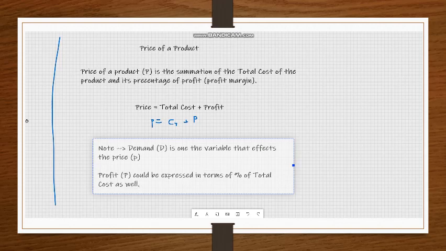The profit can be 100% of total cost or 5% of total cost. We can express our profit with respect to the total cost.